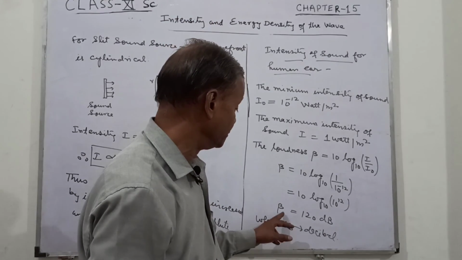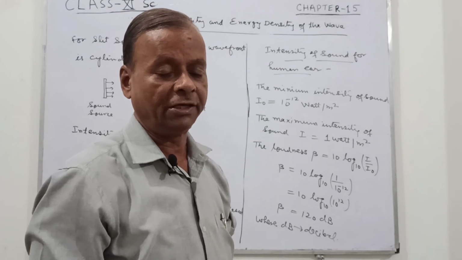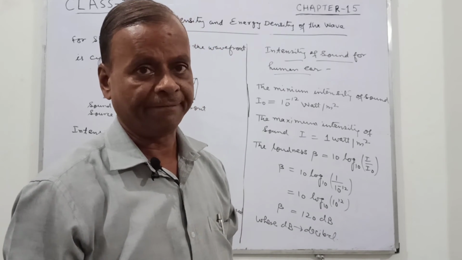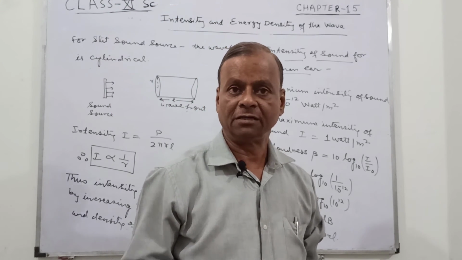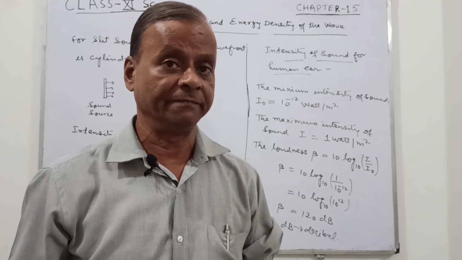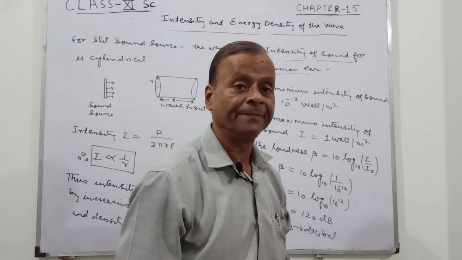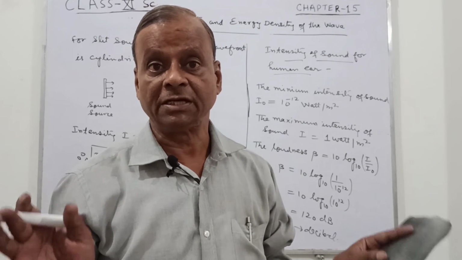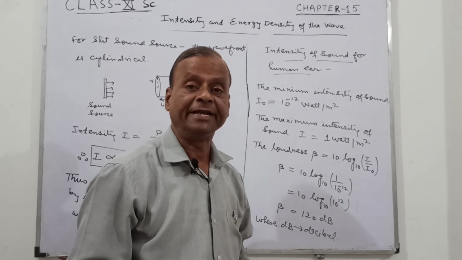So this is the maximum loudness, and I will tell you later that the intensity which is up to 40 decibel is good for the ear, and 40 to 80, then the intensity becomes so much that the human ear feels irritation, and as it exceeds 80 and reaches 120, then the mind of the human fails, and that causes the death of the person. So this is the intensity of 120 decibel.